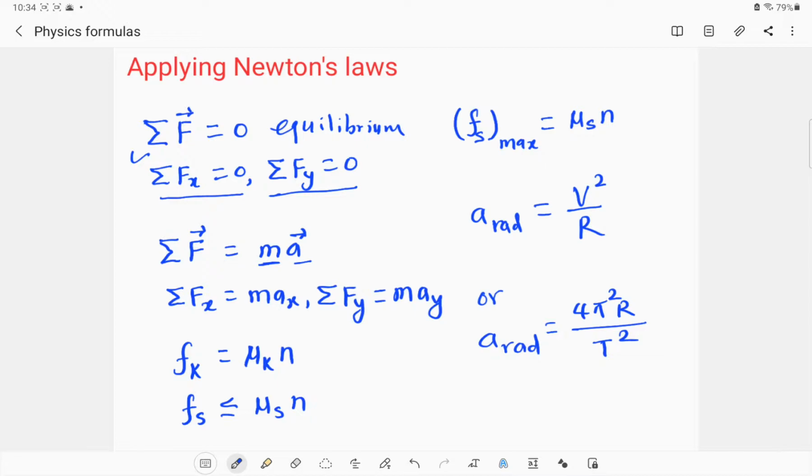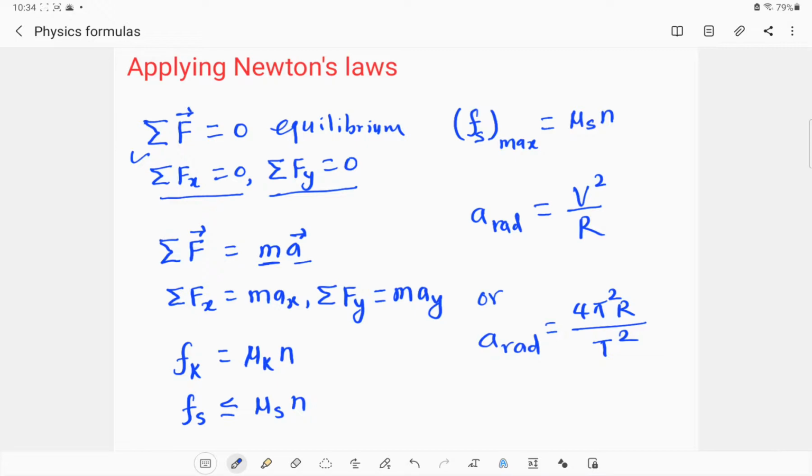To have equilibrium, acceleration should not be there, velocity should be constant, or the body should be at rest, and direction should not change, right? These are the criteria to have the equilibrium condition.